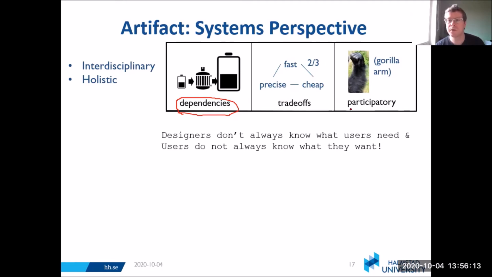Another thing to think of right from the start is that your design should be participatory. That means you should think of what are the different stakeholders who are involved, and you should involve them early on. So there's a well-known example from interface science about the gorilla arm effect.